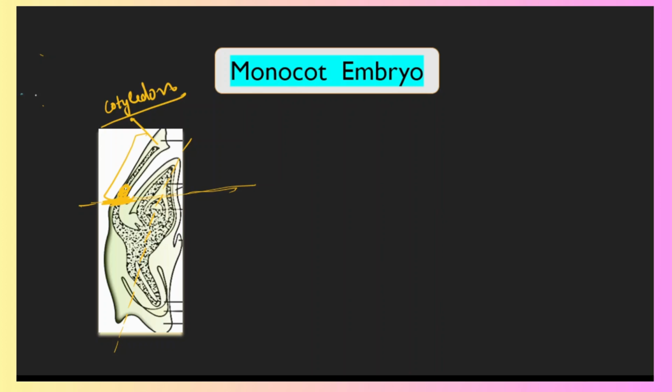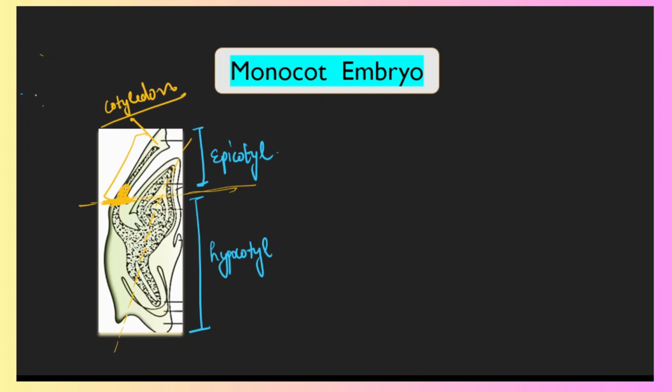If we see the embryonal axis, same as we have studied in the dicot, below the level of the cotyledon, that is called the hypocotyle, and above the level of the cotyledon, that is called the epicotyle. This is same.